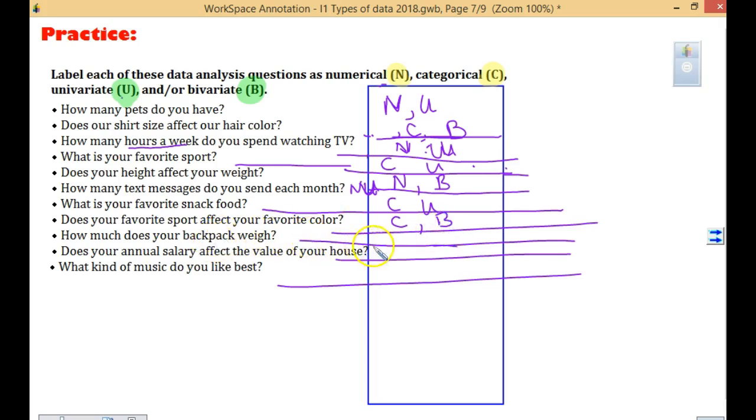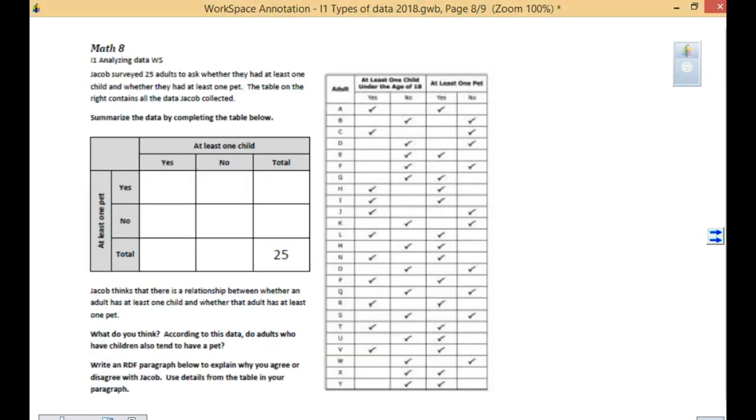How much does your backpack weigh? That is going to be a number, and it is univariate. Does your annual salary affect the value of your house? Both of those, the value of your house and salary, are numeric, and it is bivariate. What kind of music do you like best is a category, and it is univariate. Okay? So when you are looking at that, that's what you're asked to do in that part.